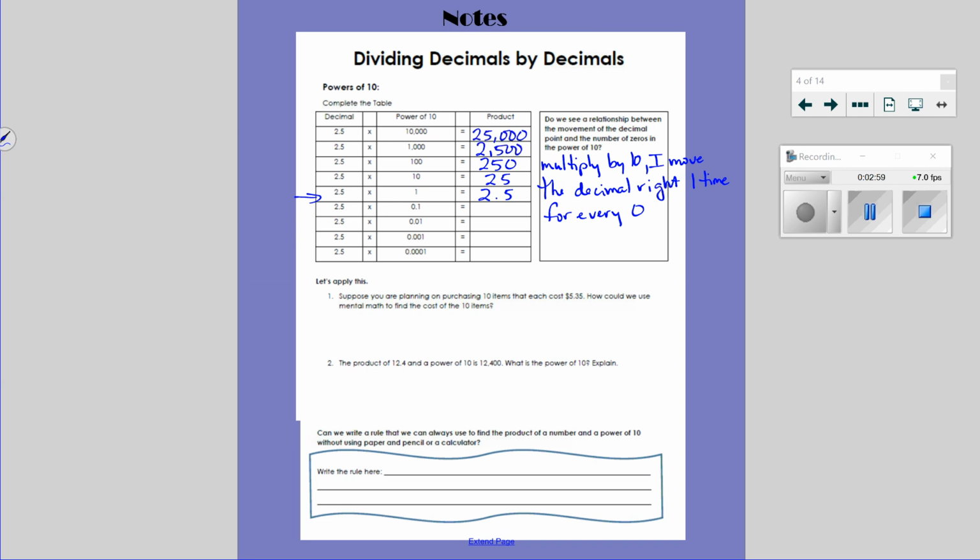Make sense? Okay, now let's look at what happens when I start going into multiplying by decimals. So if I take my 2 5/10, I multiply by 1/10. Now what do you think my answer is going to be? 25 hundredths. Be careful in how you say that, because when you said 0.25 hundredths, that's actually a different number. Okay? So 2 5/10 times 1/100 would be?